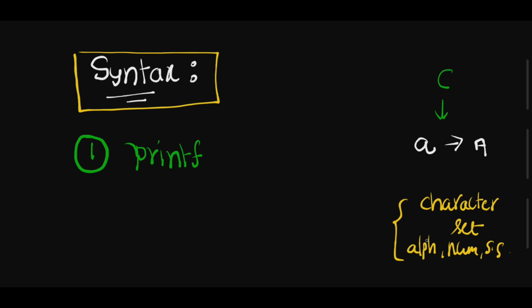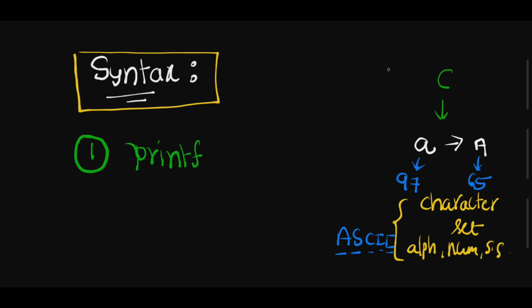All these characters are in the form of ASCII format, American Standard Code for Information Interchange. Small a contains the value 97, and capital A contains the value 65.